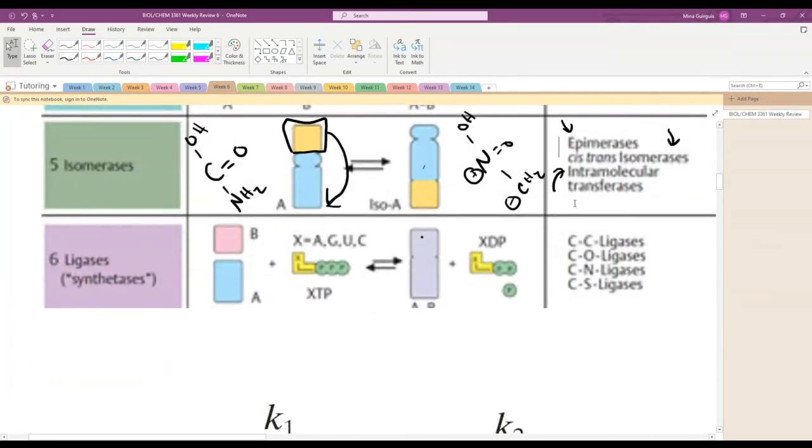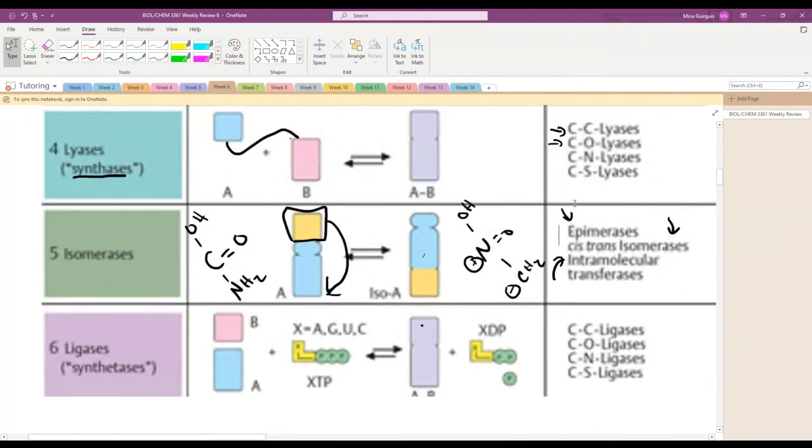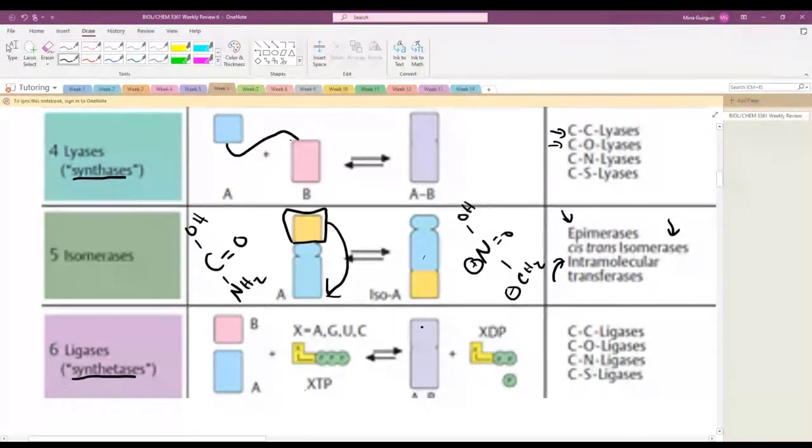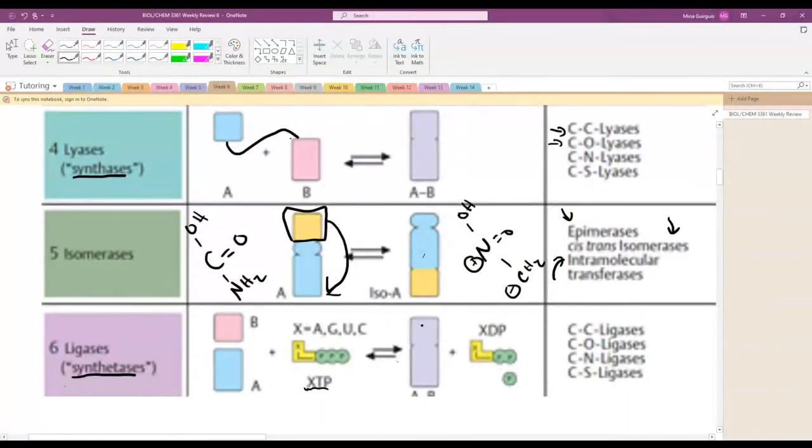And finally, the sixth class of enzyme is ligases. Different from liases, ligases, or synthetases, use energy from typically a nucleotide-based triphosphate.